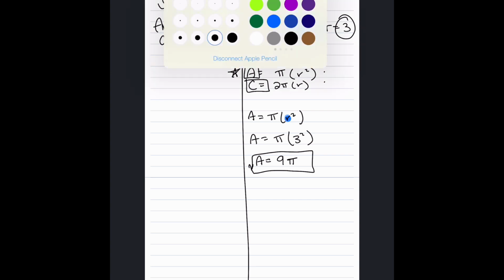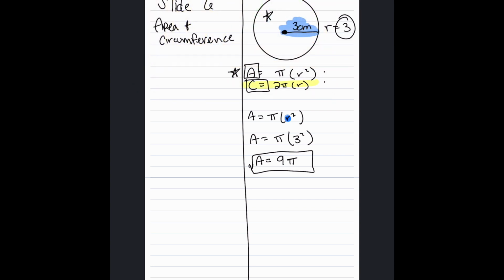So then we do want to find the circumference. So the circumference is equal to 2 pi times the radius. Again, these two formulas, those are the area and the circumference formulas. So definitely have those written down somewhere. And then just like before, we're going to replace that r with our radius.